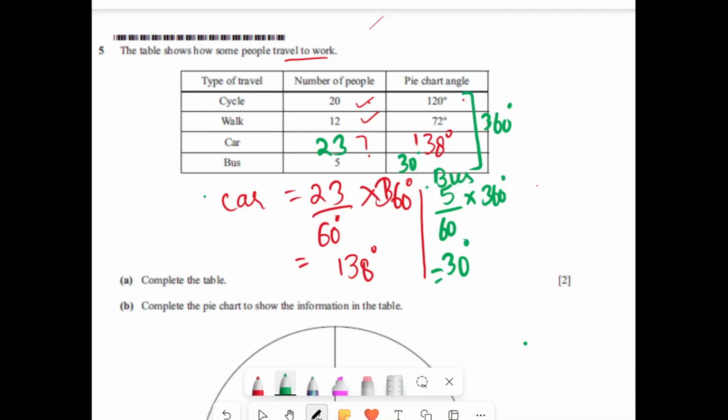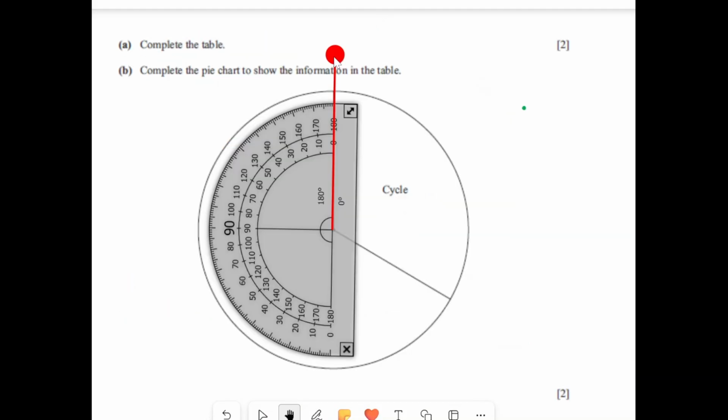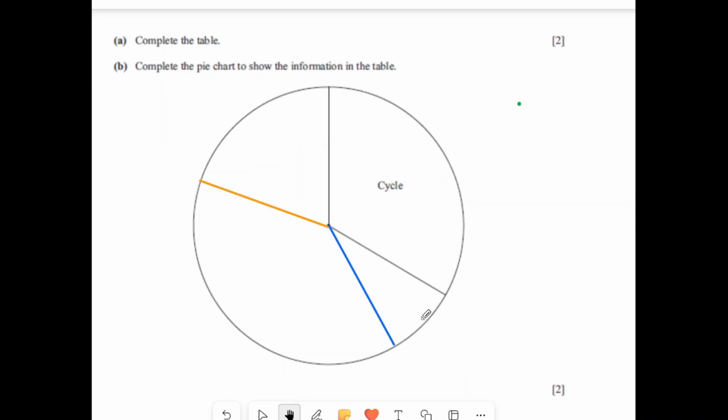Now, question number B says you have to complete the pie chart to show the information in the table. Let's do that. So I adjusted the protractor on screen. For cycle, it was already done, and this is what I have calculated by using the protractor on screen. So this is walk, and it is 72 degrees.